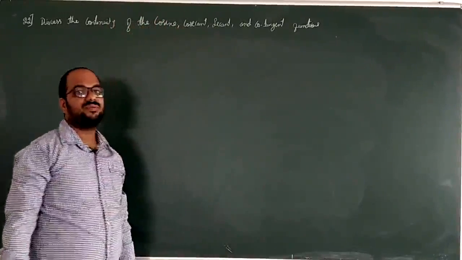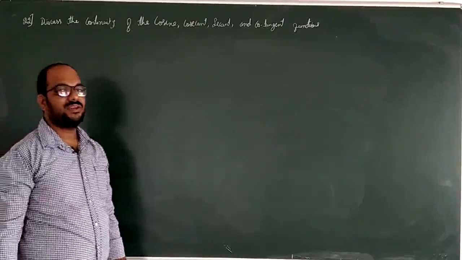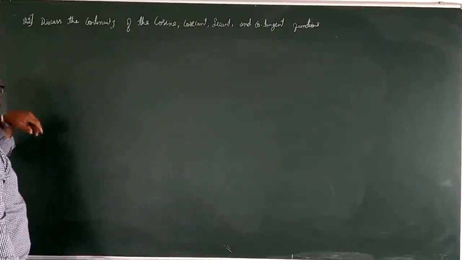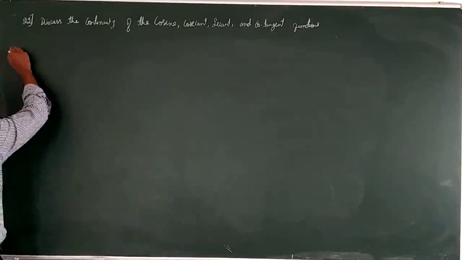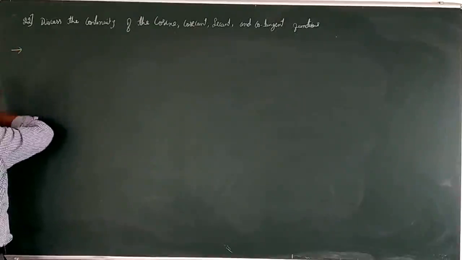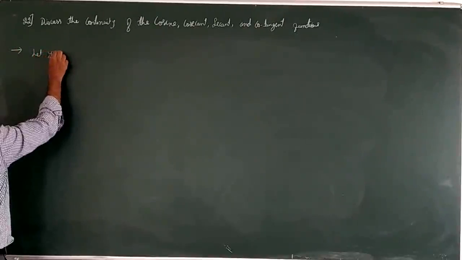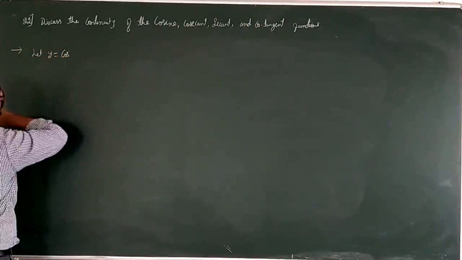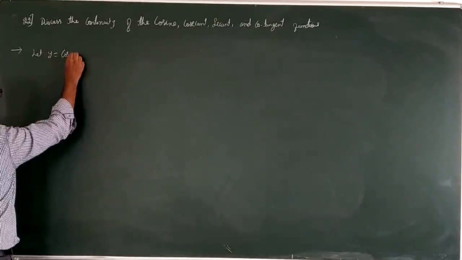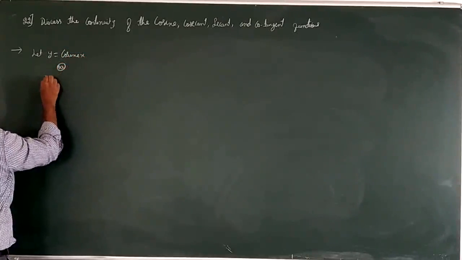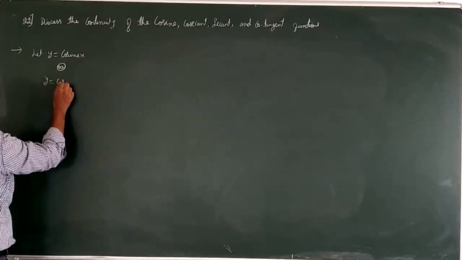We have to discuss whether these four functions are continuous or discontinuous. First write down: let y is equal to cos x.